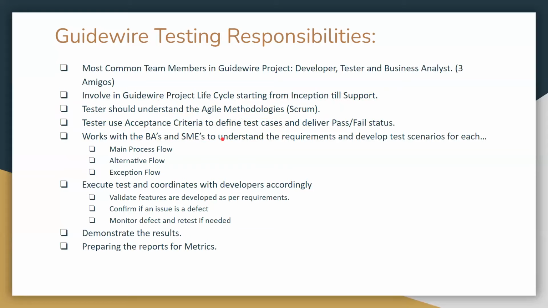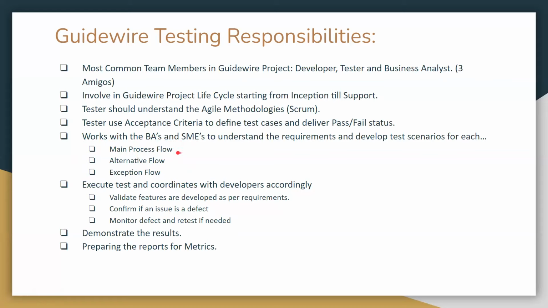Testers have to interact with the BAs and SMEs to execute positive testing, negative testing, and any out-of-the-box testing. Everything should be tested successfully by the QA. It can be achieved only if you interact with the BA and SMEs. Otherwise, as a tester, we write only positive test cases, unless you have very good experience.